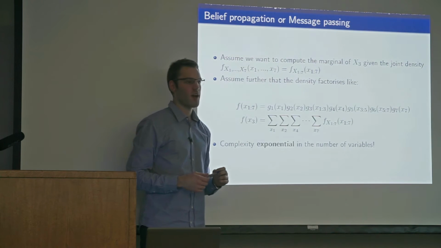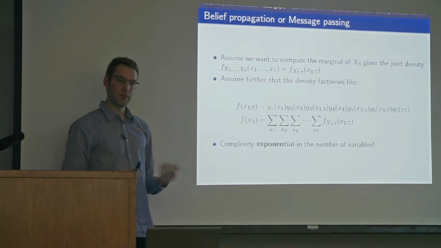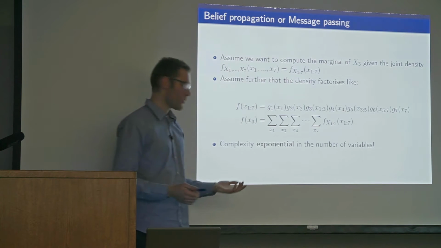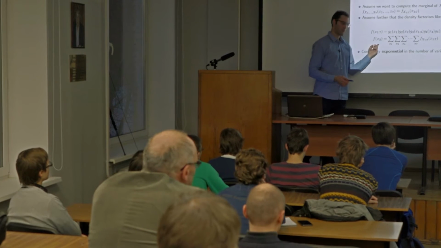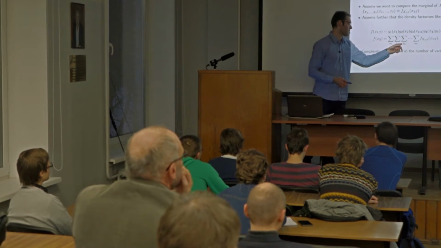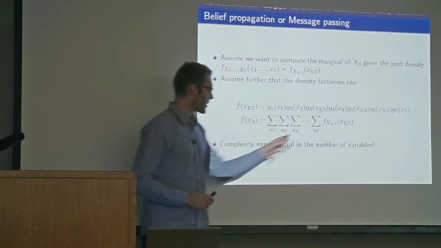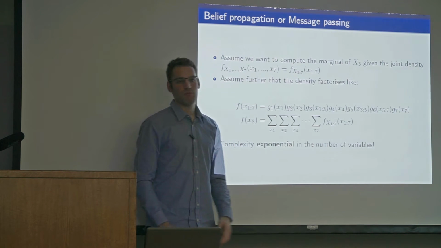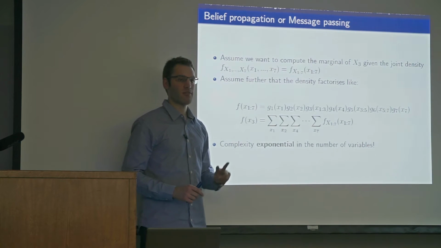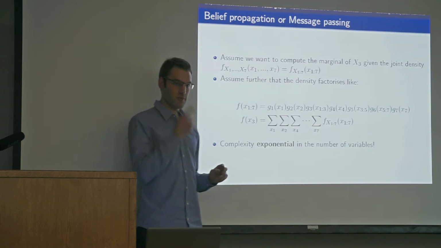The usual way to compute the marginal would be how? We sum over all random variables except x3. Assuming we're in decoding or something, we have a binary alphabet for each random variable.